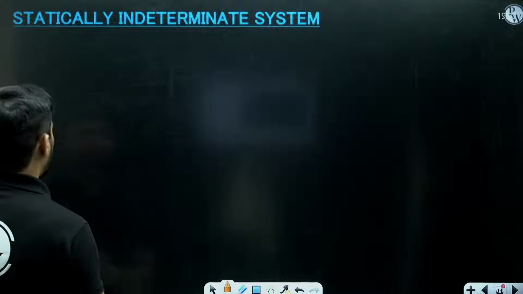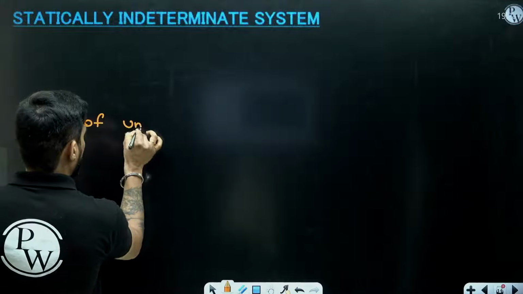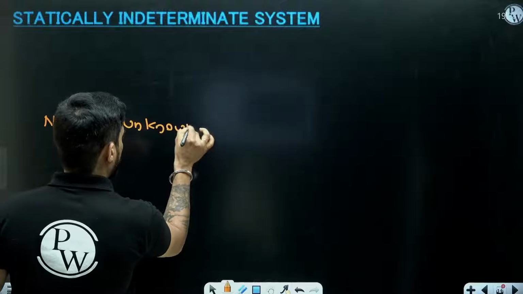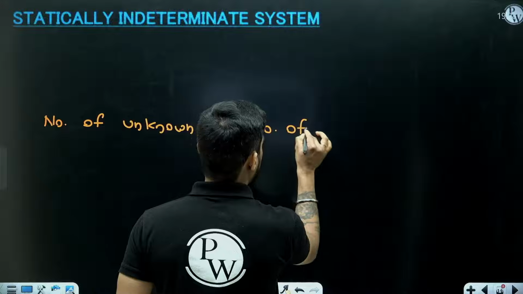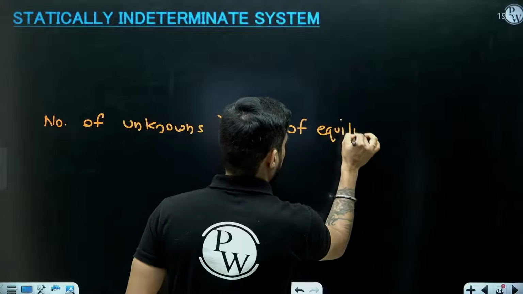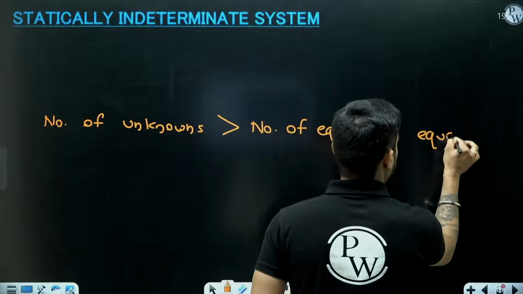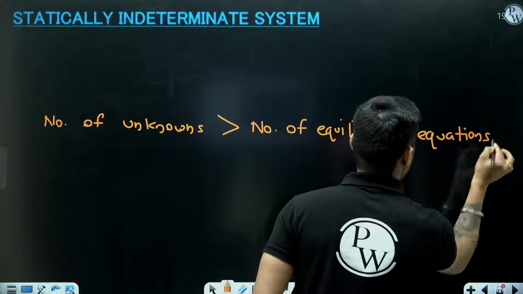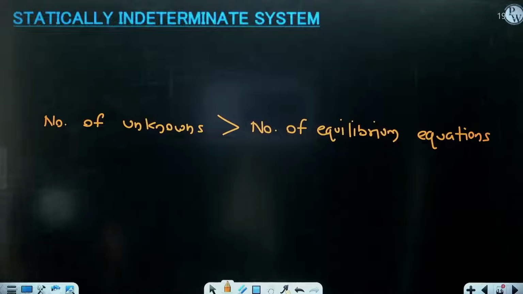But if the number of unknowns are more than the number of equilibrium equations, then what? If the number of unknowns are greater than the number of equilibrium equations, you will not be able to find all the unknowns.